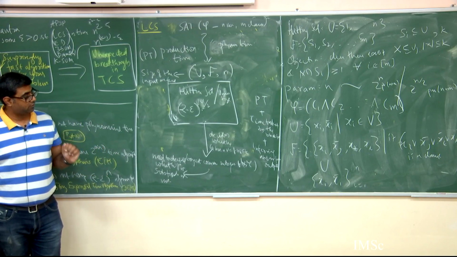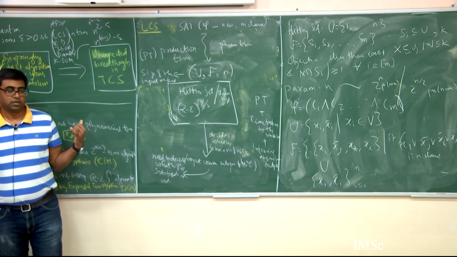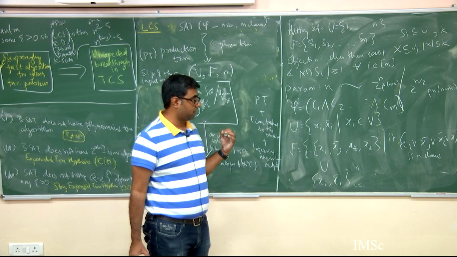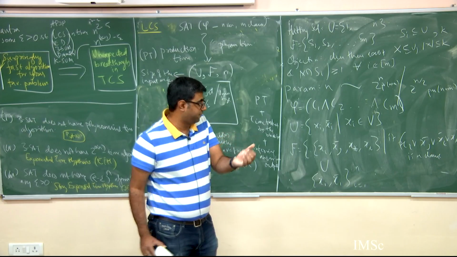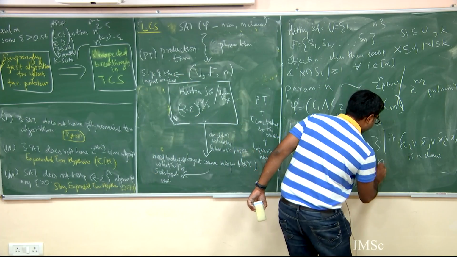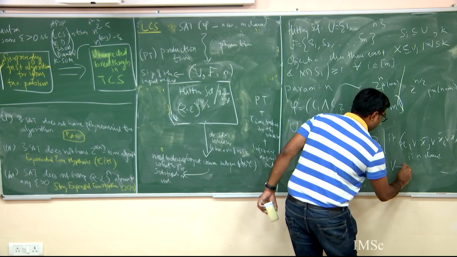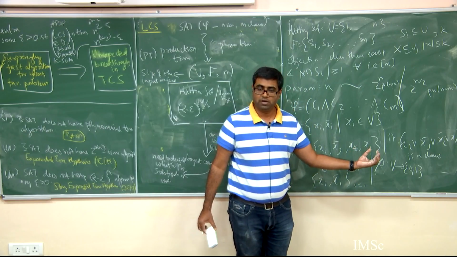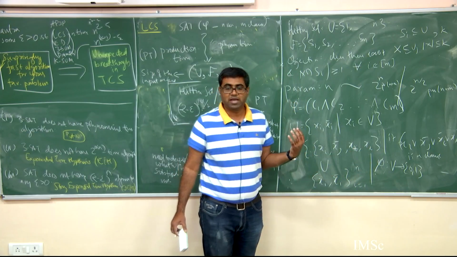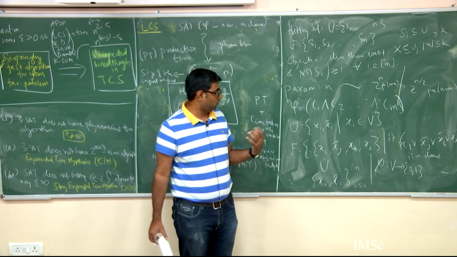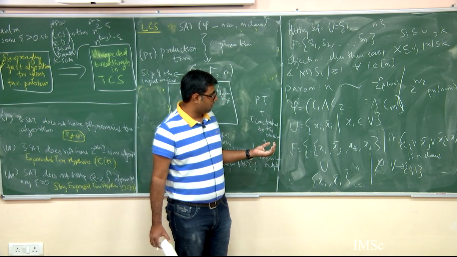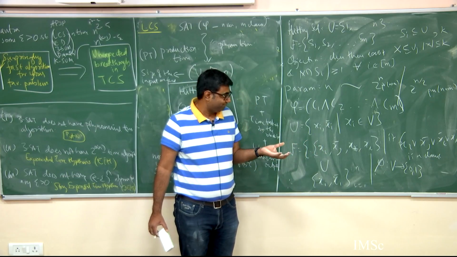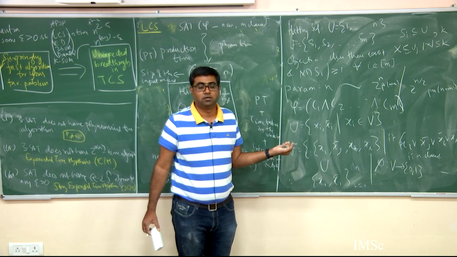Now let's look. If I have a satisfiable assignment, then there is a function phi from the vertex set to 0, 1, right? Now what is my hitting set? What I do for families is look at the ones which are set to 1.